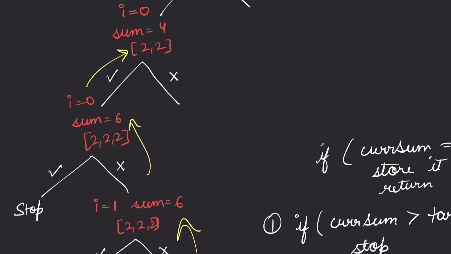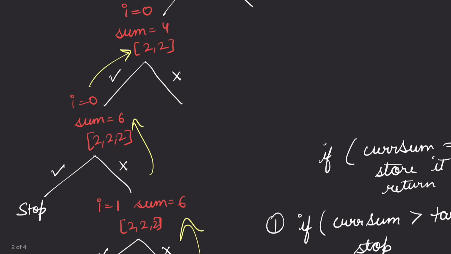So before you come at this point, you should remove this 2. That means whenever one of the recursion calls finishes, you will remove the last element from your array. So for this path, only 2 comma 2 will be present in your array, okay?